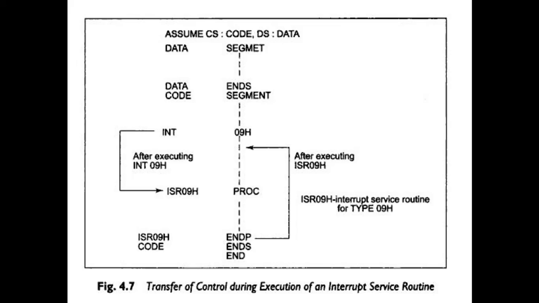After executing that ISR, we have an ENDP, which means we are ending the procedure and coming back to the main program. After executing ISR09H, the control returns to the main program, to the next instruction after INT 09H, and we can continue the execution of the main program.